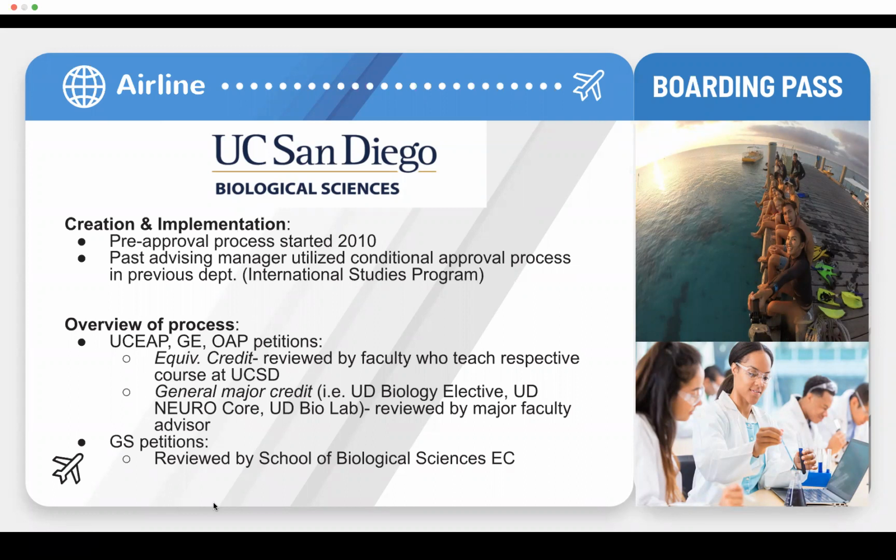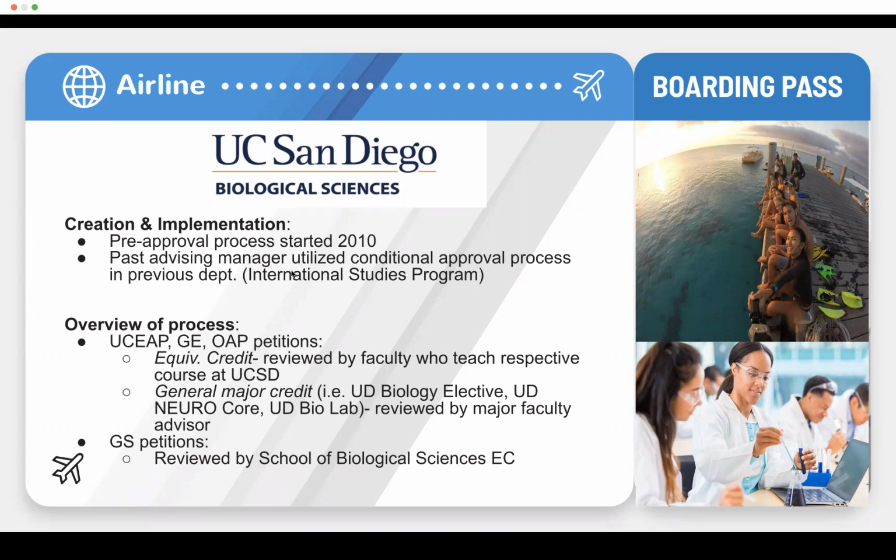So essentially it's the same content. And for any course outside of bio, but taught at UCSD, that students want considered for bio major credit, we actually have those petitions reviewed by our educational committee. So again, that's our director of undergrad education for biosciences, and also our different major faculty advisors. So they review those petitions together.